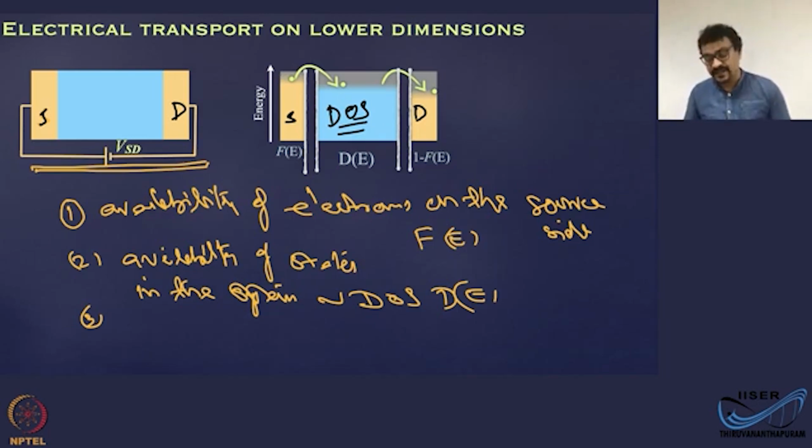That also we discussed in the previous slide, where as a function of energy, the density of states shows different behavior depending upon the dimensionality of the system.